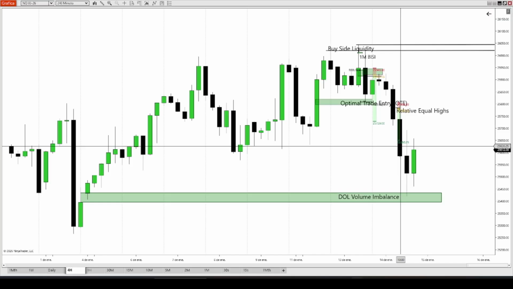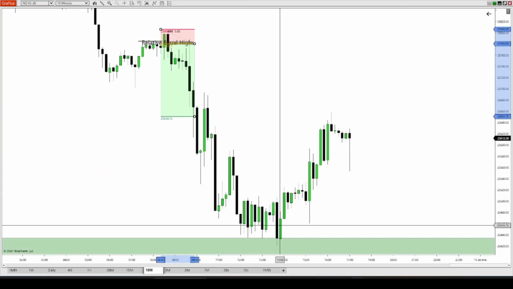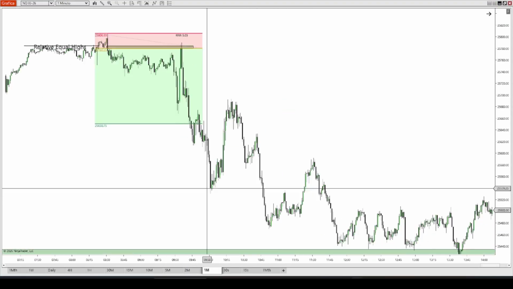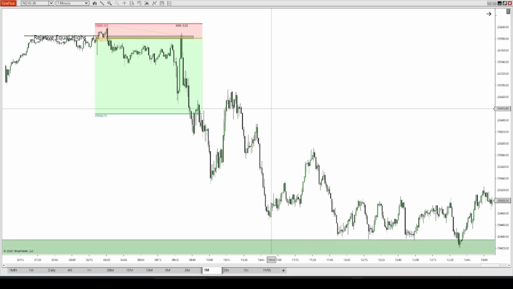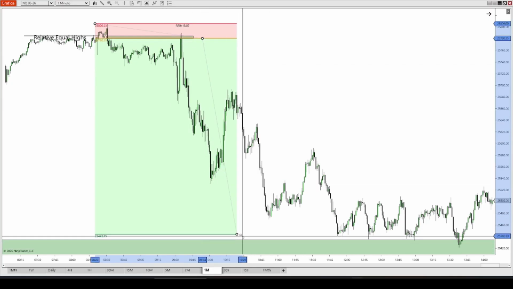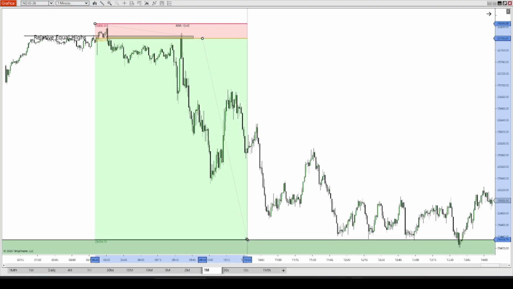It provides efficient delivery, and it did by filling the volume imbalance. So if we go to the 1 minute chart, and we extend the profit taking to the drawn liquidity.